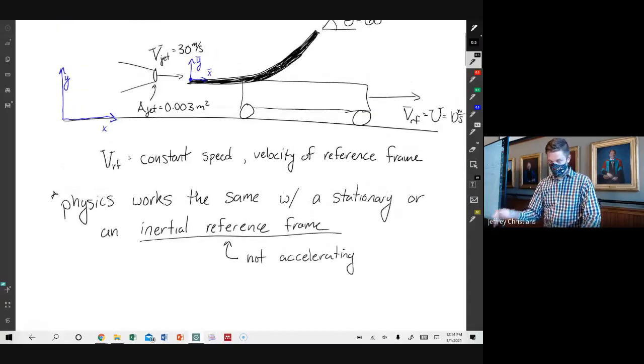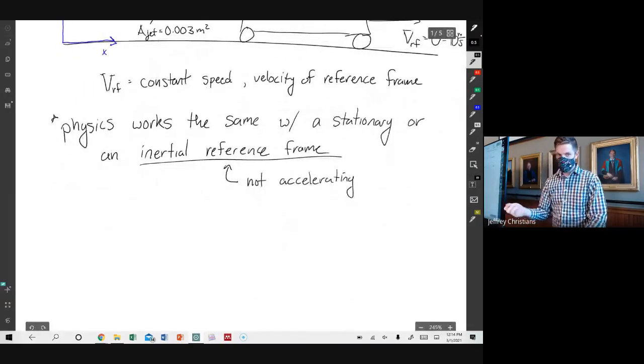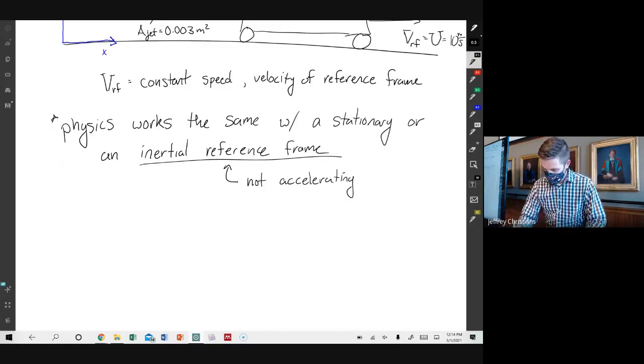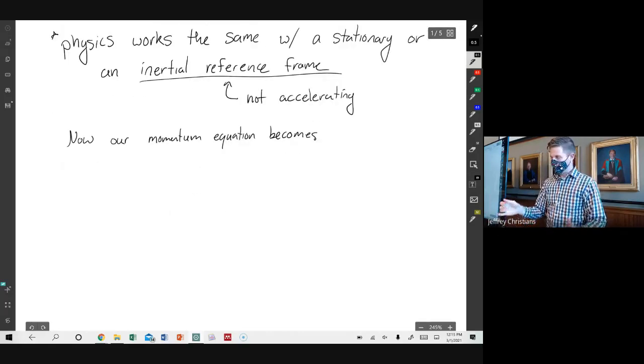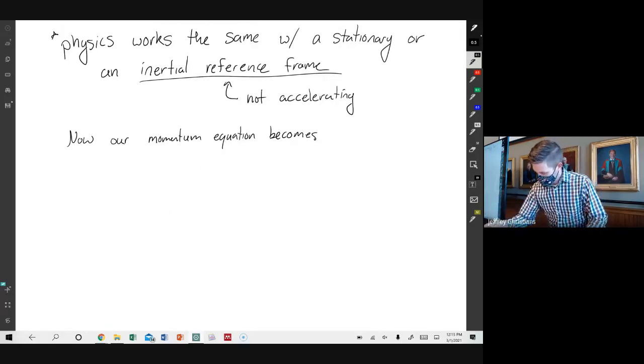And now our momentum equation becomes the same but a little bit different.